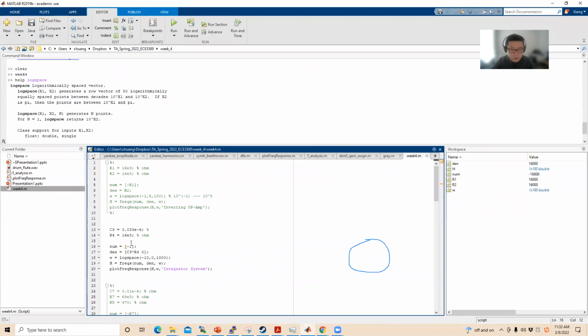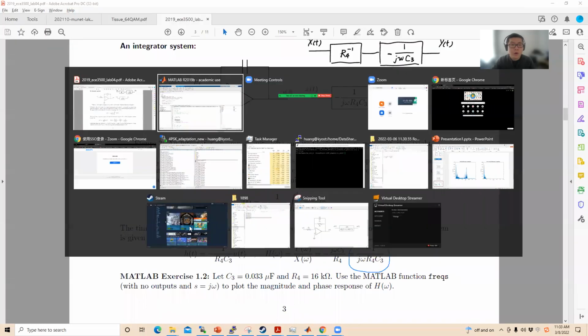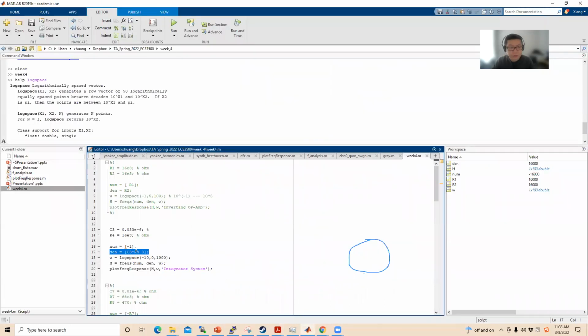That's -1, corresponding to the zeroth order coefficient. But our denominator has only one value, and it's corresponding to the first order coefficient.